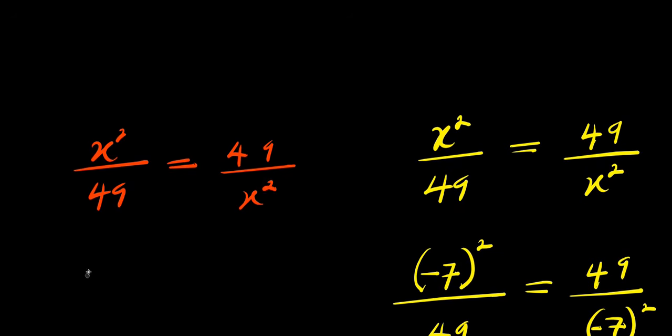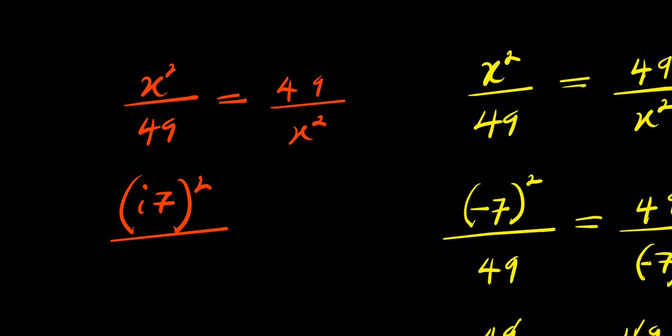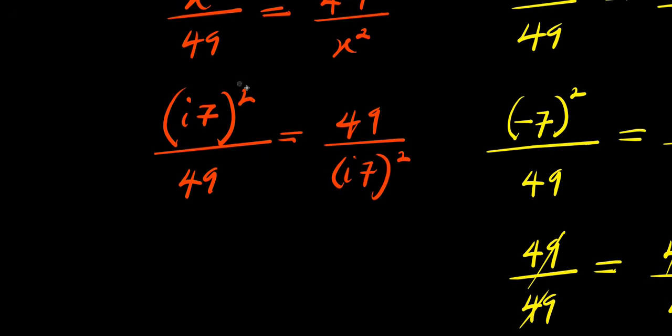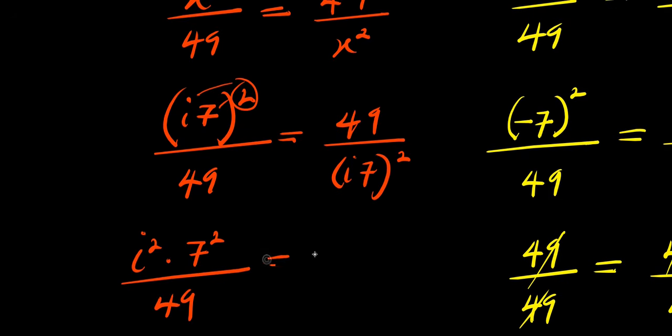And our x is i times 7, so we have i times 7 raised to the power of 2 divided by 49 equals 49 divided by i times 7 raised to the power of 2. From here, I can distribute the power to each of the terms. We have i squared times 7 power 2 divided by 49 equals 49 divided by i squared times 7 power 2.